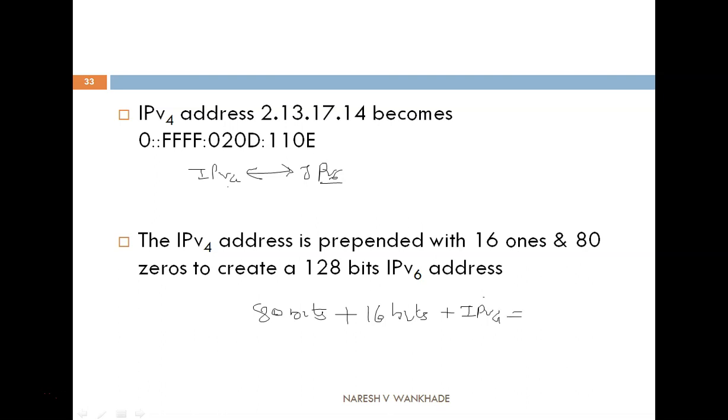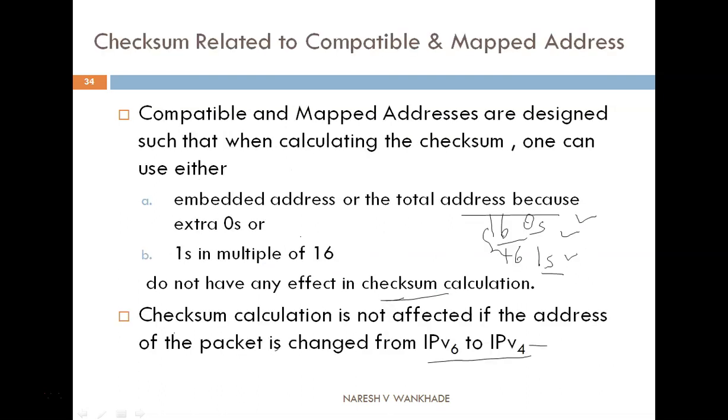So it becomes 128 bits, that is an IPv6 address. So this is all about the mapped address.